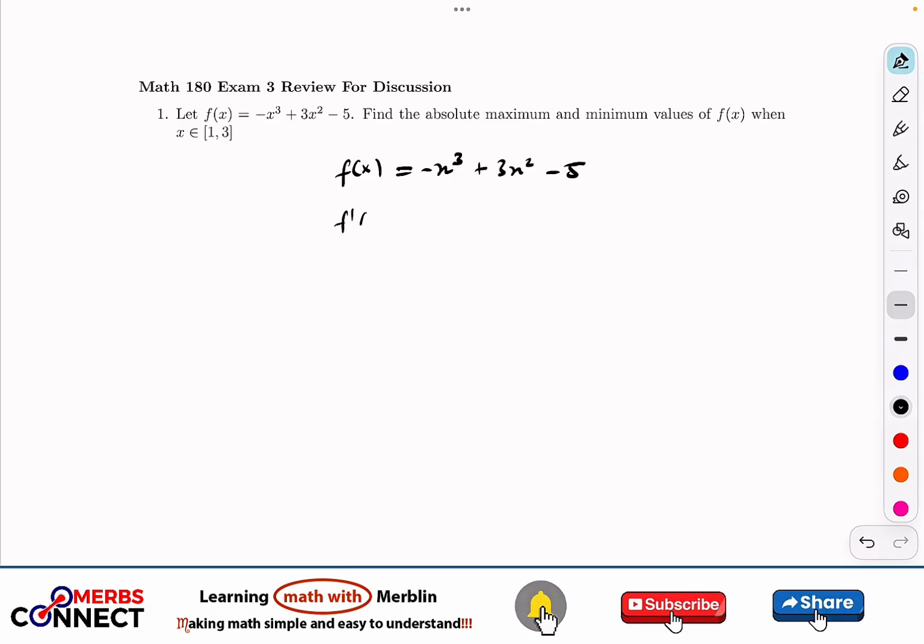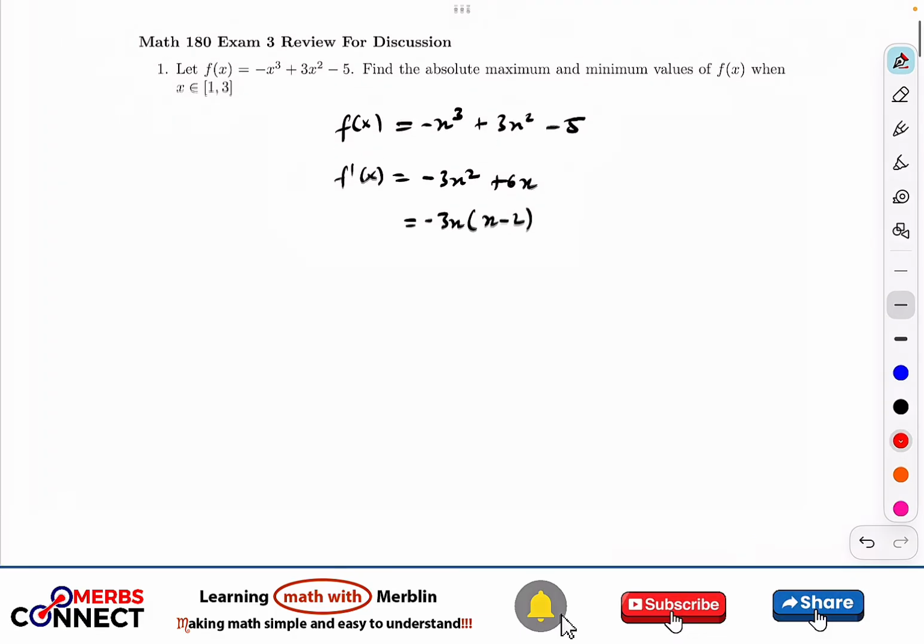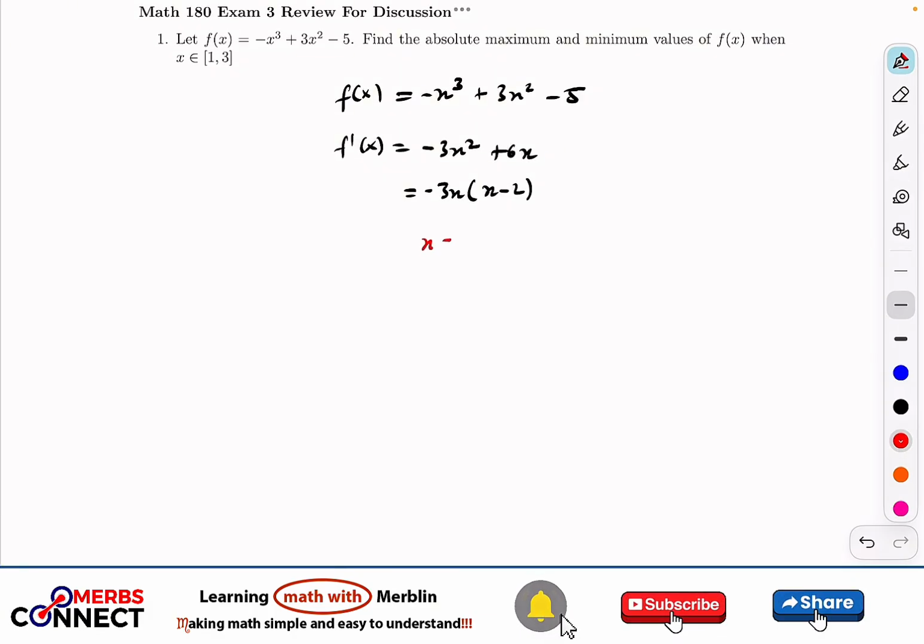We need f prime of x, which is going to give us minus 3x squared plus 6x. So this is what you are going to get. Now I can factor minus 3x out and have x minus 2. So guess what will be the critical point? Critical points are going to be x is equal to 0 and x is equal to 2. So that will be the critical point here.